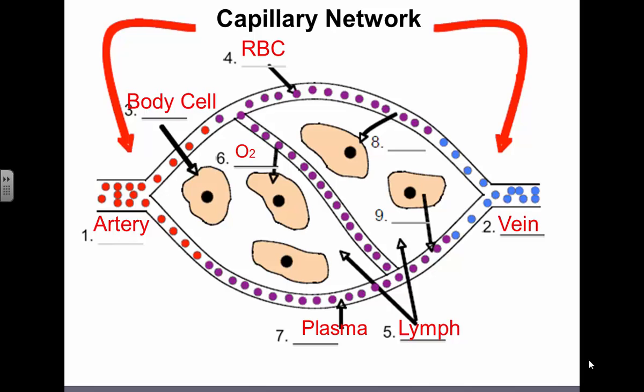Now, number 8. If you look carefully, number 8 is not showing something moving from a blood cell into the body cell. It's showing something moving from the plasma into the cell. So what things are carried by the plasma that are given to the body cells? Iron? That would be an example.